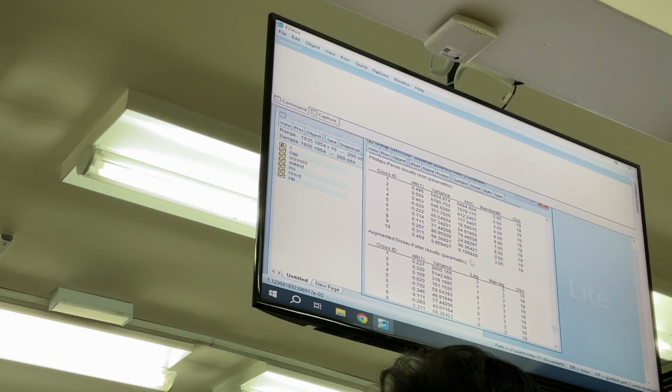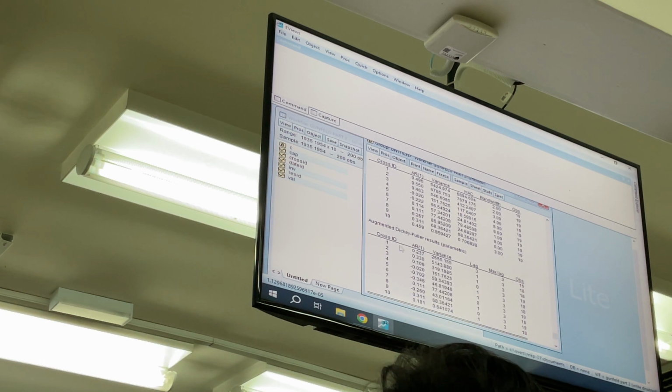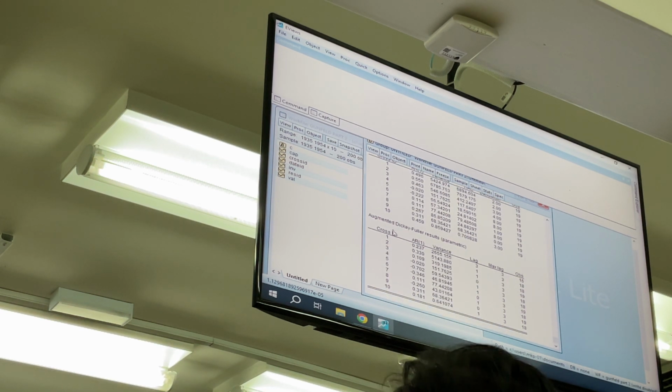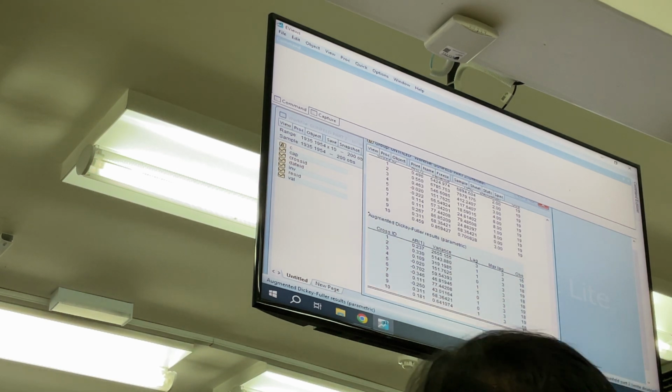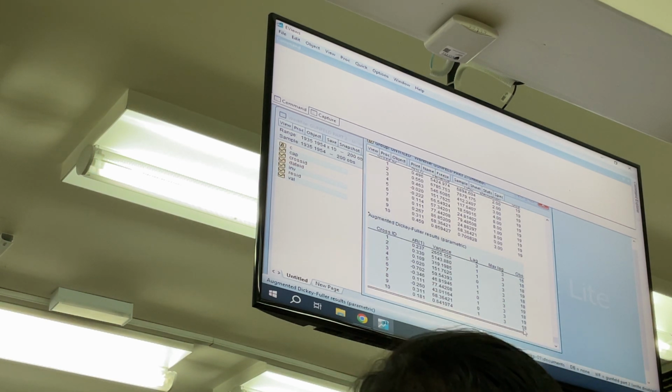So not only that, you can also see the individual result. Once you scroll down, you can see the Augmented Dickey-Fuller result, because this one is actually based on the Engle-Granger approach to test the residual-based cointegration test.